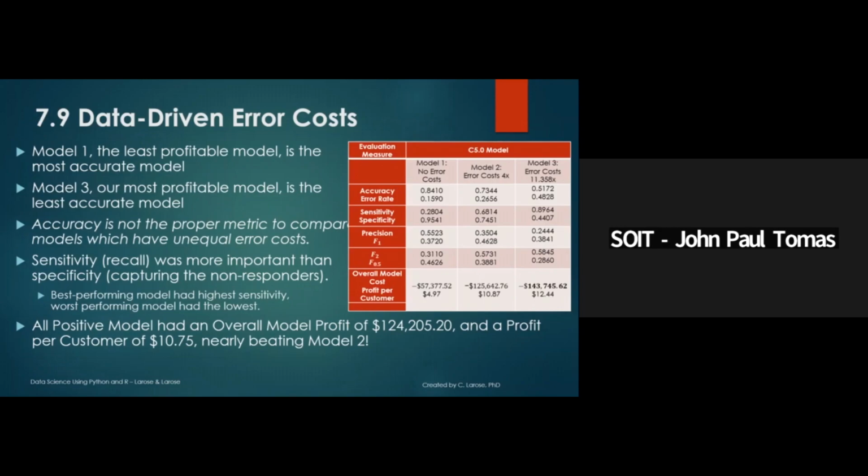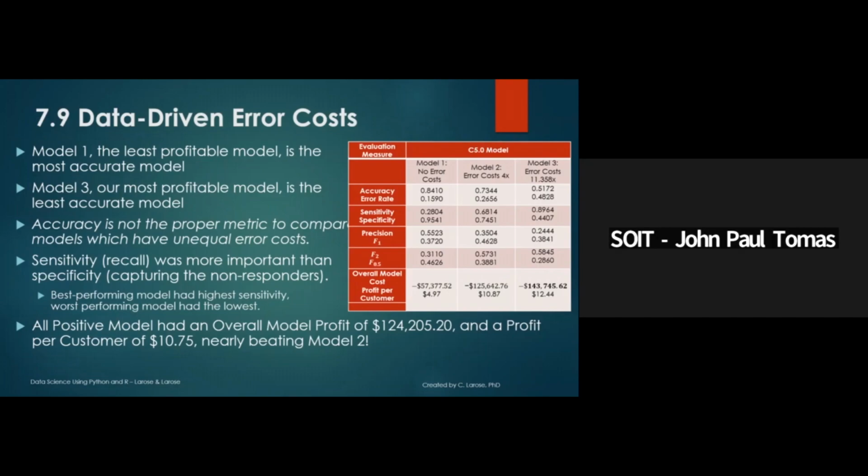Now, you may be asking, how are you going to put an error cost if you're just detecting, for example, vehicles, or something like that? Of course, you will not apply an unequal error cost, because there's no error or cost involved in merely counting how many cars or motorcycles pass by in a certain area.